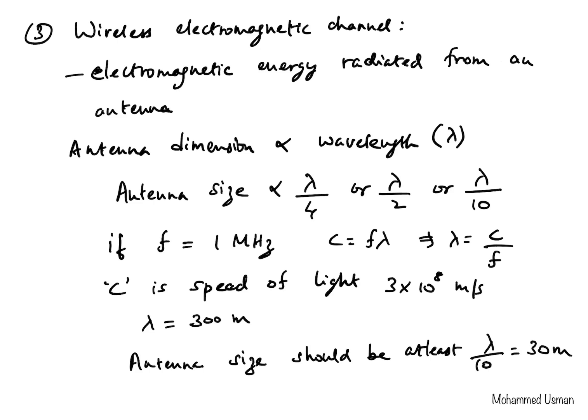Because we are having smaller handheld mobile devices, we need to make sure that the size of the antenna is small enough to be incorporated onto a handheld device, and therefore we have to reduce the wavelength. So reducing the wavelength means increasing the frequency of transmission, so that way the size of the antenna could be kept small and within practical limits.